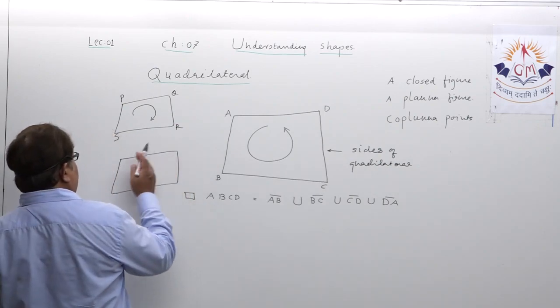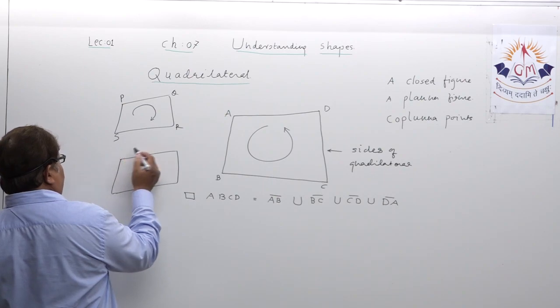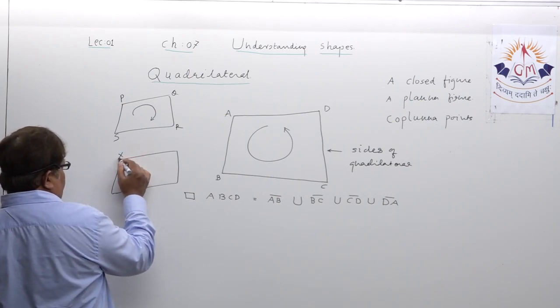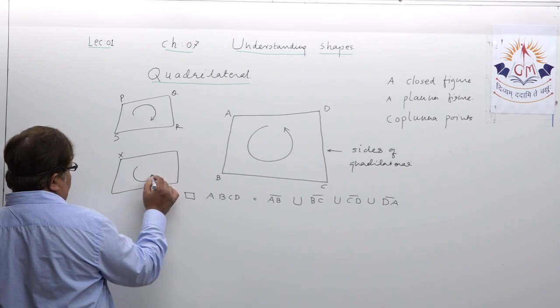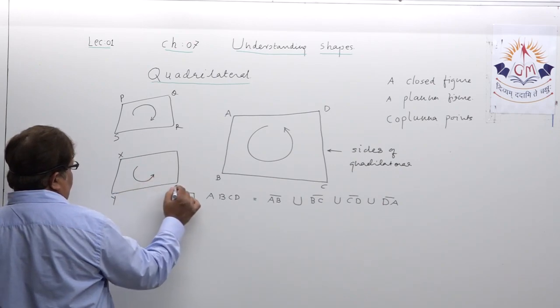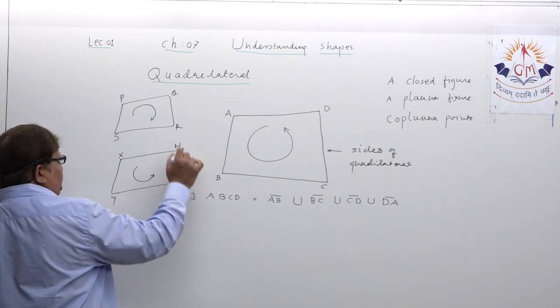Suppose I want to name this quadrilateral XYZW. Again I can move anti-clockwise, XYZW. Okay.